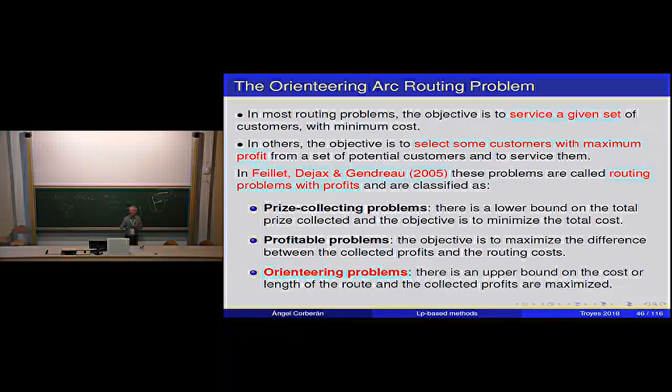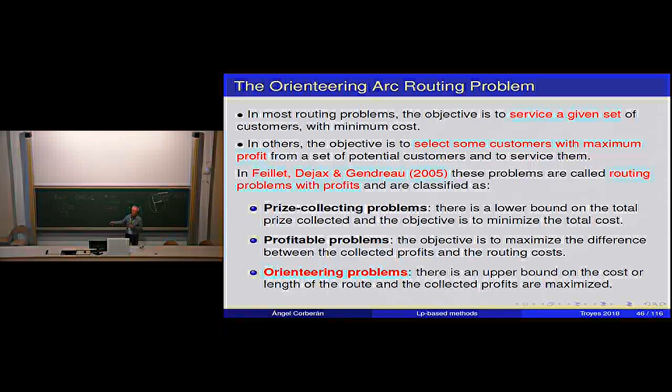But if your idea is to minimize the traveling cost, then the best thing you can do is not leaving the depot, unless you are obliged to get a minimum amount of profit. So in price collecting problems, the idea is to satisfy a minimum amount of collected profit, and with this constraint, to minimize the total cost.